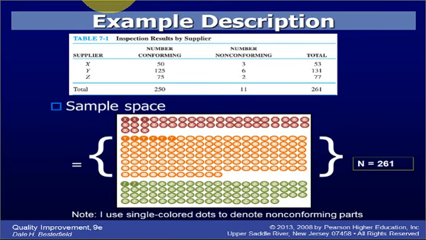Here is our textbook example. We have a total of 261 parts that are going to be inspected, and we know that these parts are from 3 suppliers.